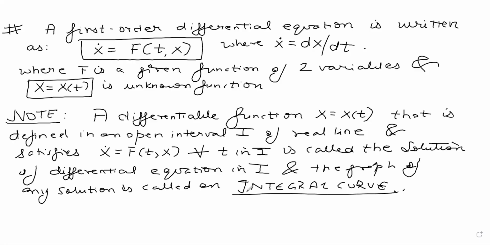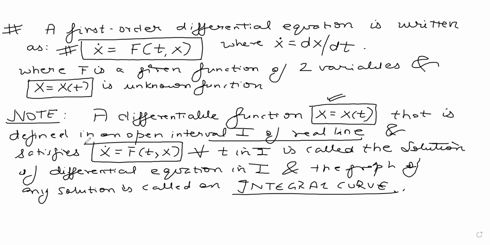So let me quickly revise the note with all students. All of us know that this is the first order differential equation, x dot as a function of t and x. Now x as a function of t, which is defined in an open interval I of the real line, and which satisfies my first order differential equation, is called the solution of the differential equation.